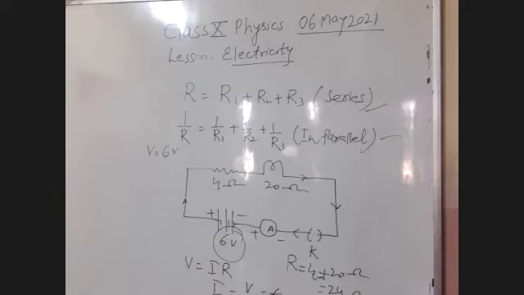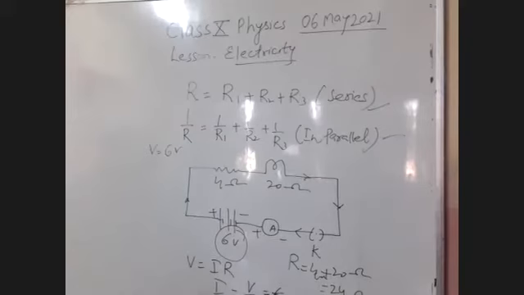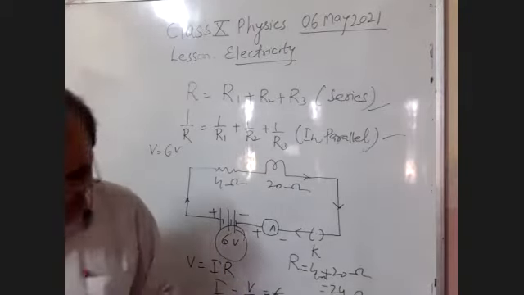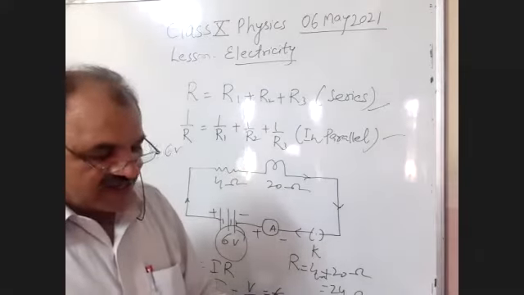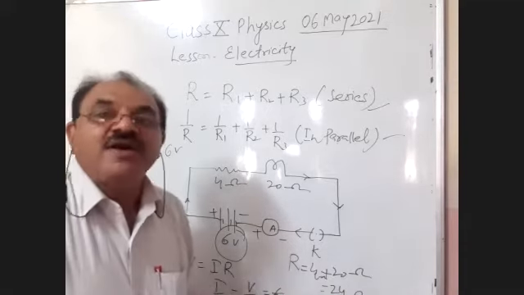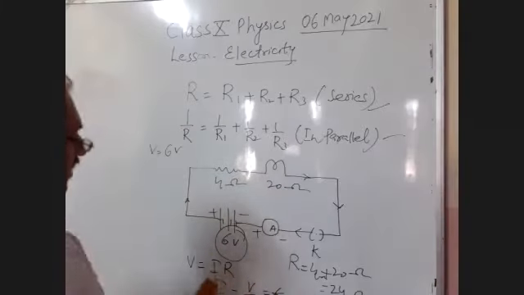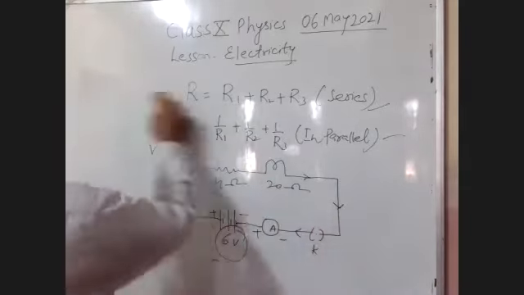Now, here the current is 0.25 ampere, and further to this, by applying Ohm's law, we can separately get the potential difference across the lamp. Now we have to calculate the potential difference across the 20 ohm lamp.